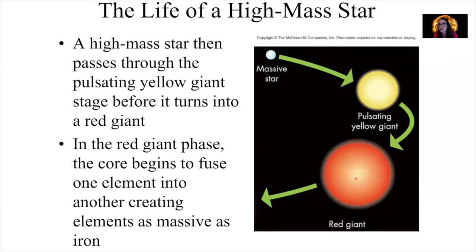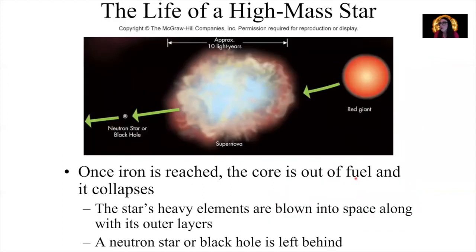But the more massive a star, the faster it's burning through all of its fuel. And when I'm talking about massive, I mean literally the mass of the star, not the size of the star. Now, in its fusion process, once the star has reached fusing other elements into iron in its core, the core at that point has run out of fuel and it collapses.